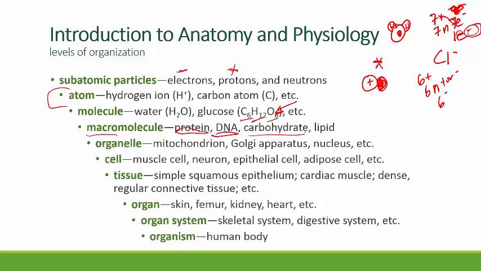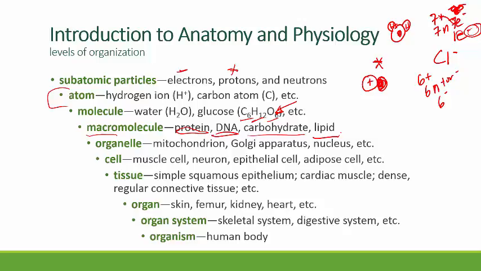Carbohydrates, and we can have very simple carbohydrates like the simple sugar glucose, or very complex ones like glycogen. And then finally, the 4th class of macromolecules are the lipids. Lipids, hopefully you've heard these before, but not everybody has heard of lipids. So if you haven't, don't beat yourself up about that one. But these are the fats and the oils, and also things like cholesterol. Cholesterol is a lipid as well.